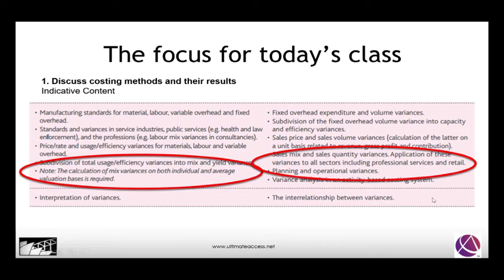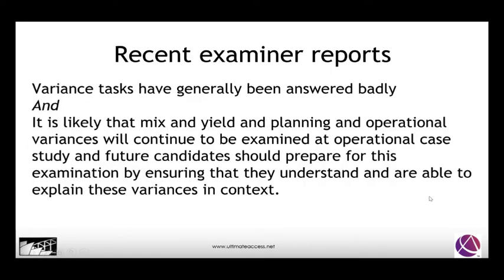And it's on this basis that the examiner is regularly testing these areas rather than trying to test labour efficiency or variable overhead expenditure. It's these types of variances that the examiner is particularly keen on in the operational case study.